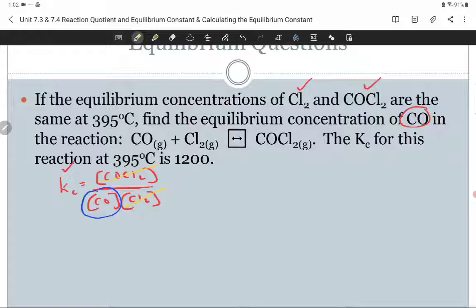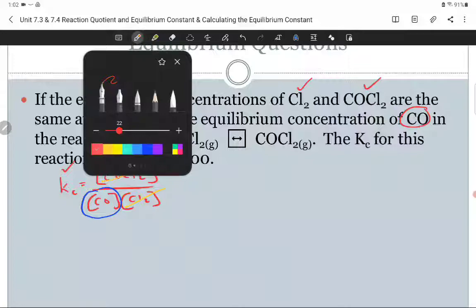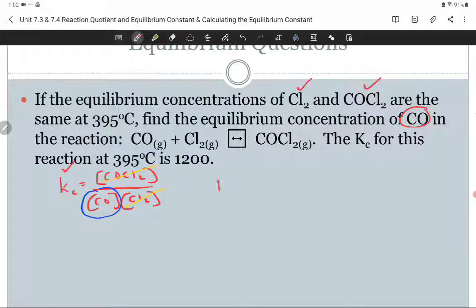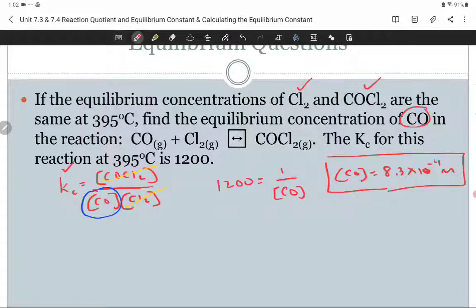So that means the Kc was 1200, and that equals 1 divided by CO. So the concentration of CO equals that.